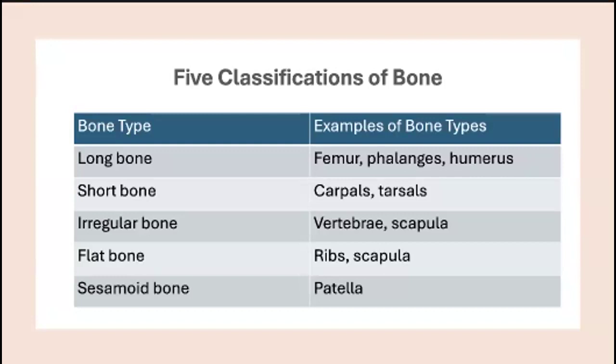An example of that would be your patella, which protects tendons from stress and wear. Understanding bone classification is important for our nursing assessments, especially when we're caring for patients with musculoskeletal conditions or injuries, as different bone types have varying healing rates and associated complications.